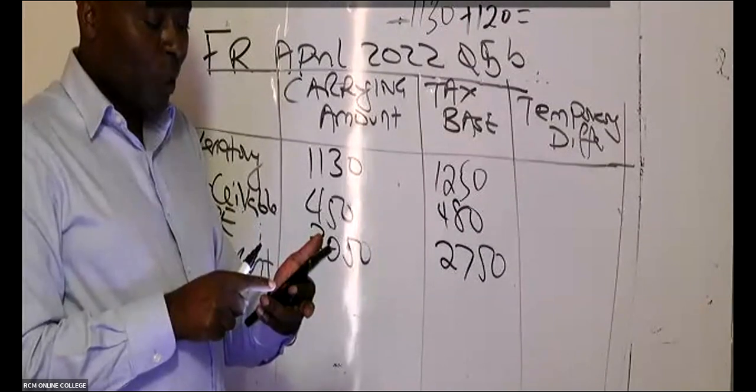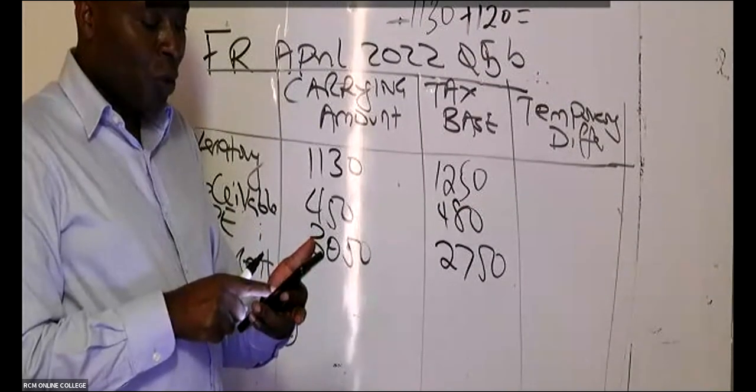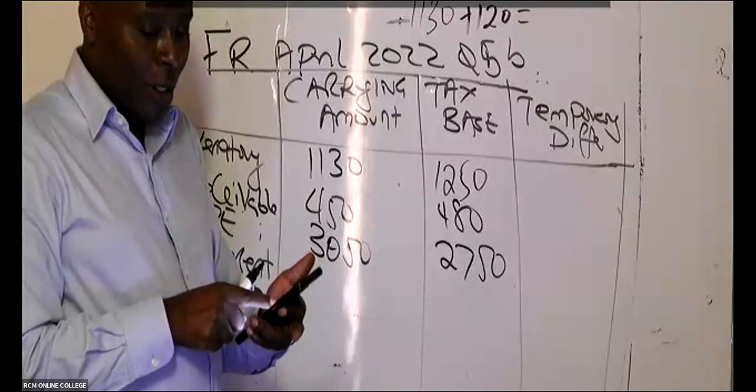Amortization of shillings 20 million was charged to profit or loss for the year.